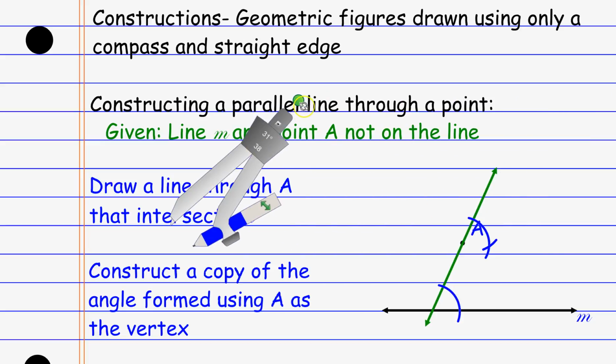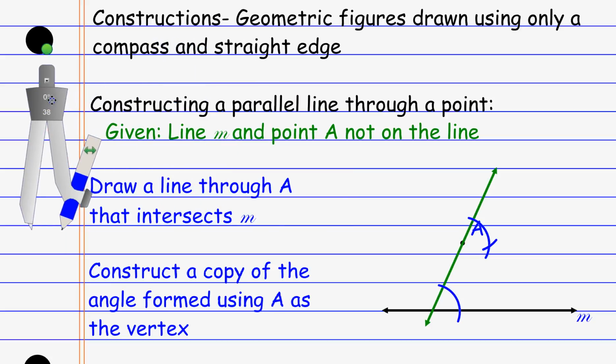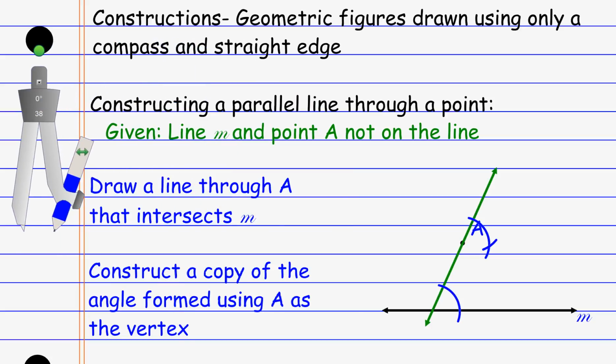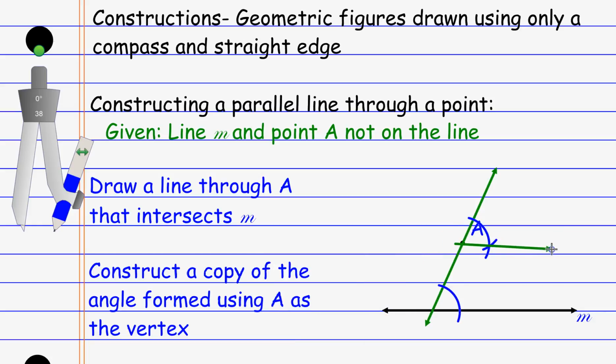Once I have that measurement transferred, I'm going to draw a line that goes through point A and through that point of intersection that I've created. If I draw this line through those two points, I end up with a line that's parallel to M.